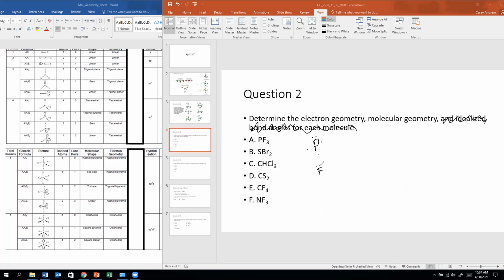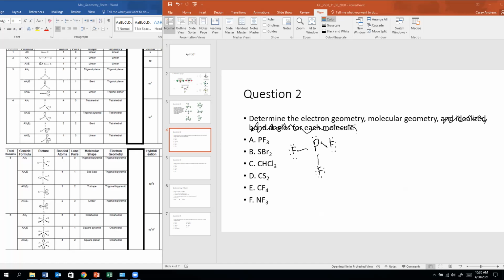Fluorine, oops, that's 7. Let me get my eraser. Did not want to put 2 electrons there. Fluorine, bond, bond, bond.